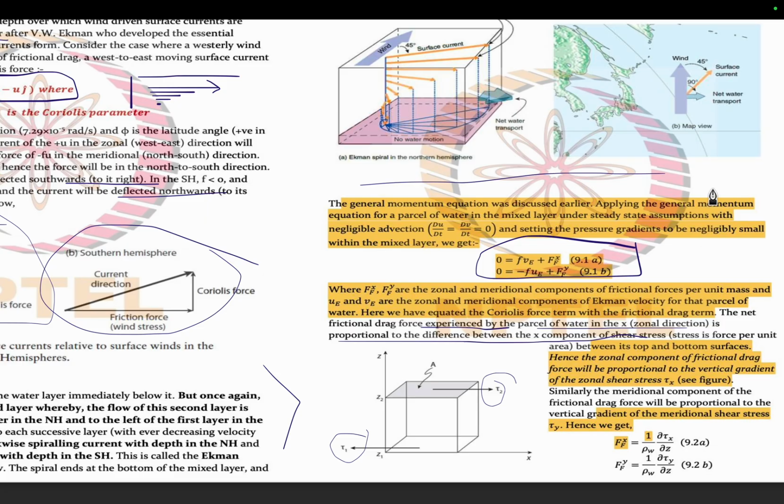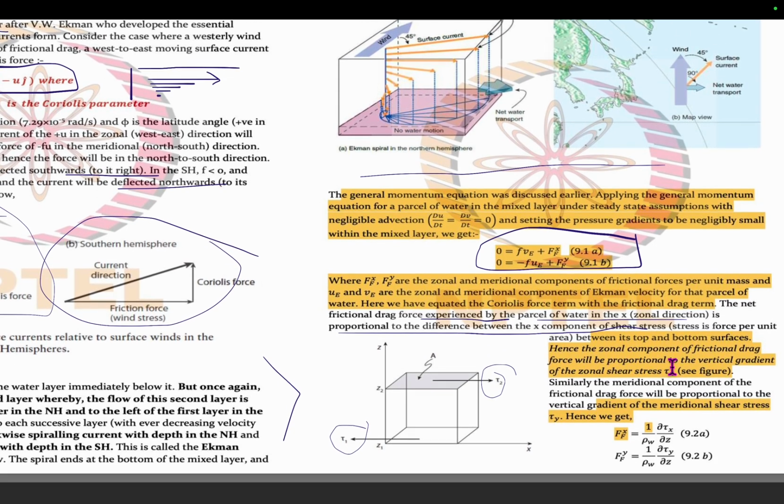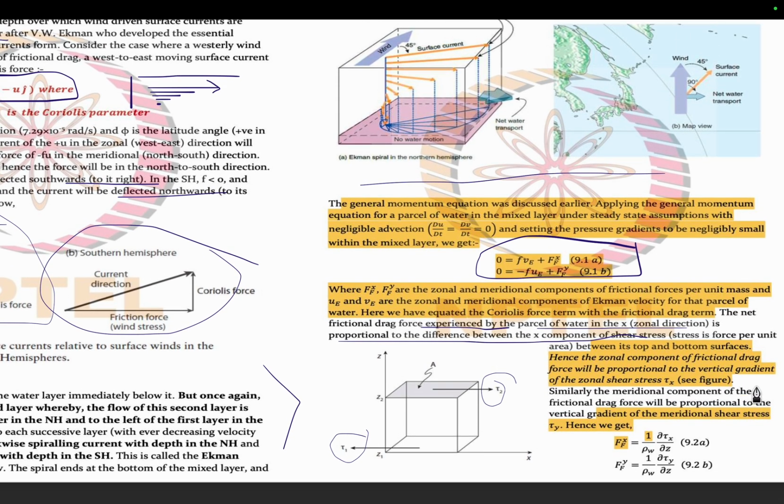or this layer of water. Hence, the zonal component of the frictional drag force will be proportional to the vertical gradient of the zonal shear stress tau x.